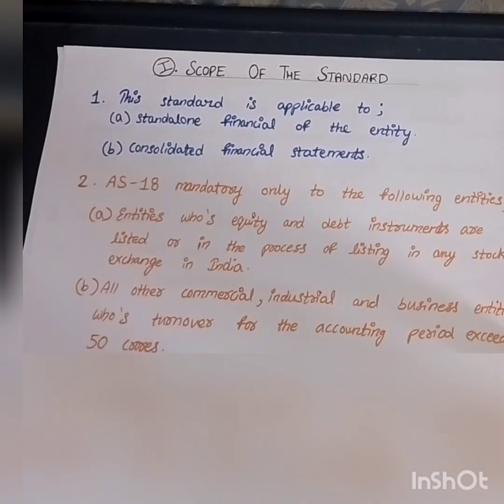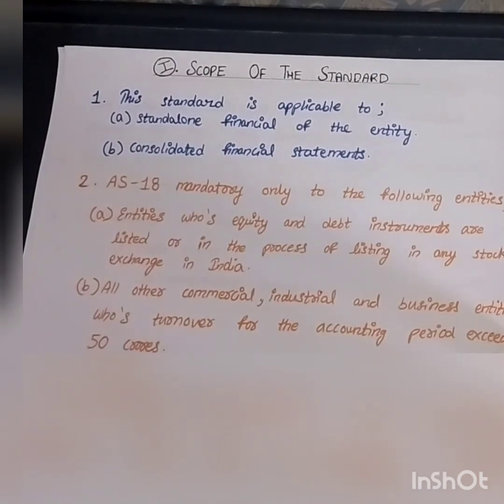It means accounting standard 18 is applicable only for two types of entities: entities whose equity and debt instruments, that means shares and also debt instruments, are listed or in the process of listing, say, with the Securities Exchange Board of India, and all other commercial, industrial, business entities whose turnover for the accounting period exceeds 50 crores.